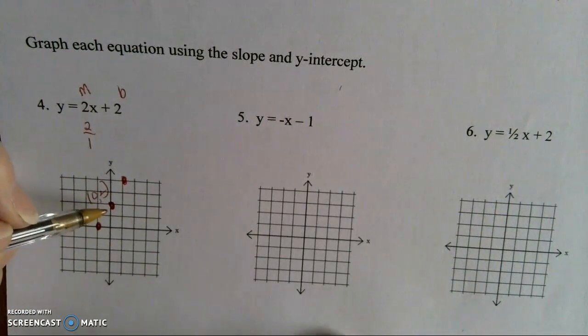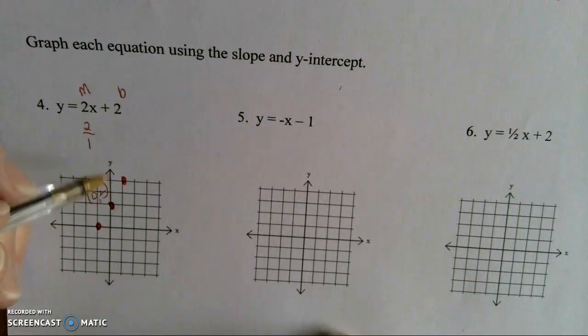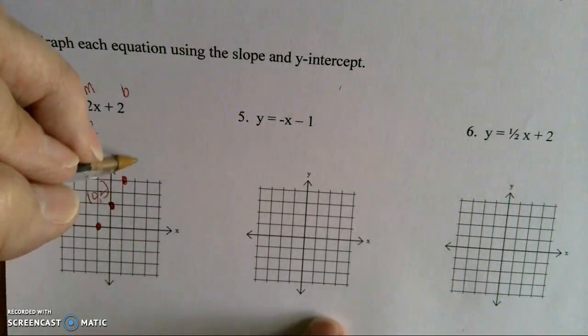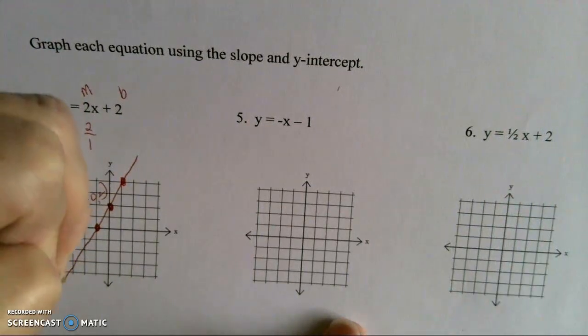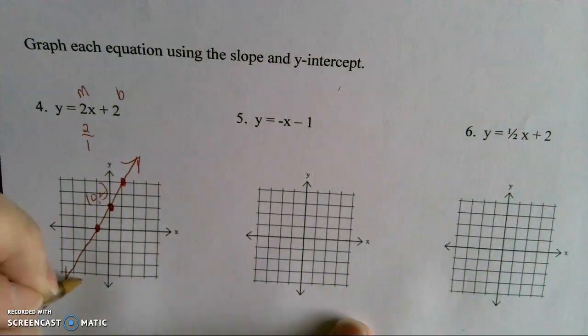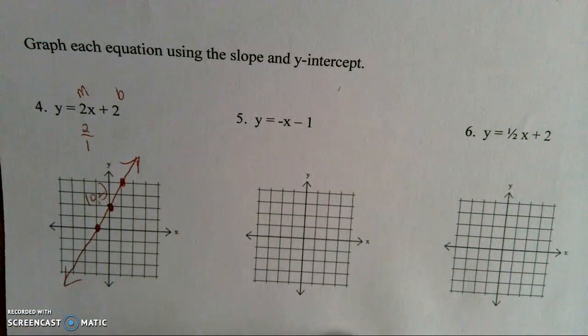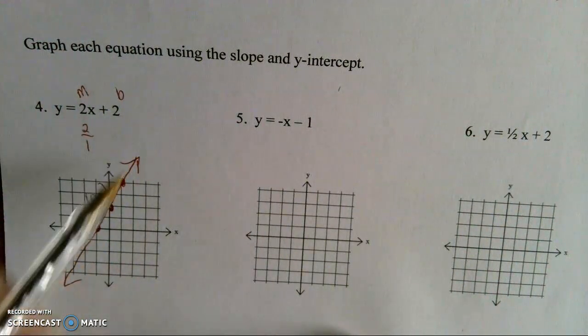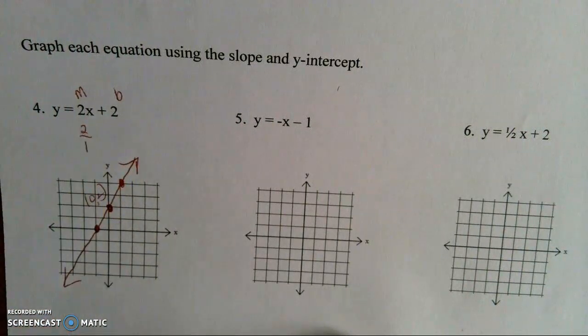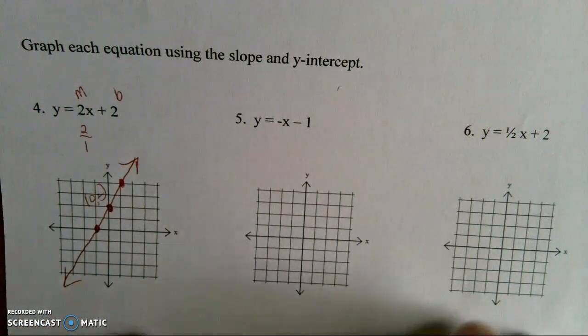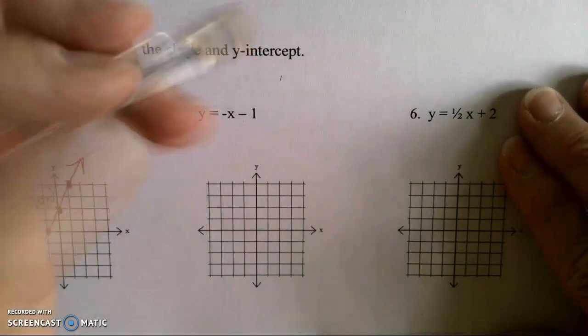So now that I have 3 points, I'm going to connect these 3 points, and this will be the line of that equation. So all of the points on this line will make that equation true. You should actually be using a ruler to do this.